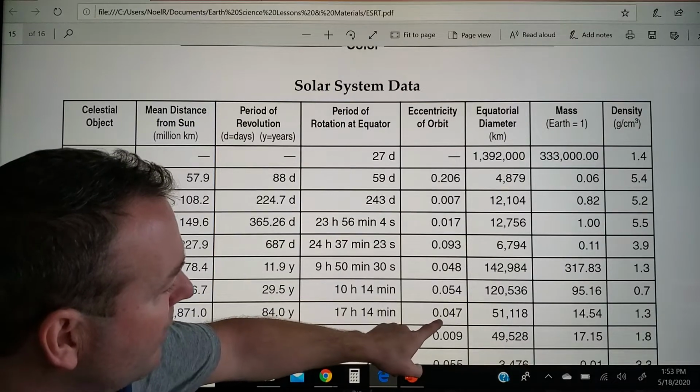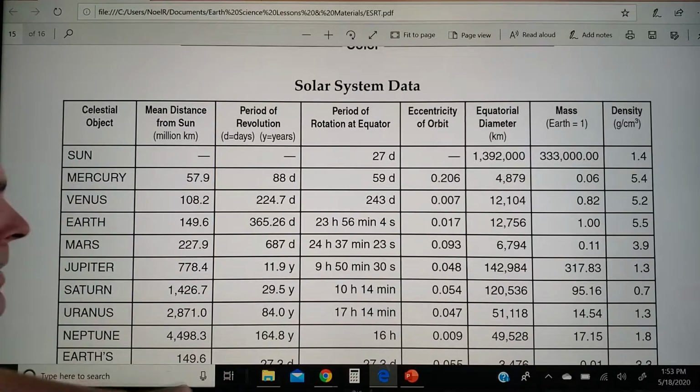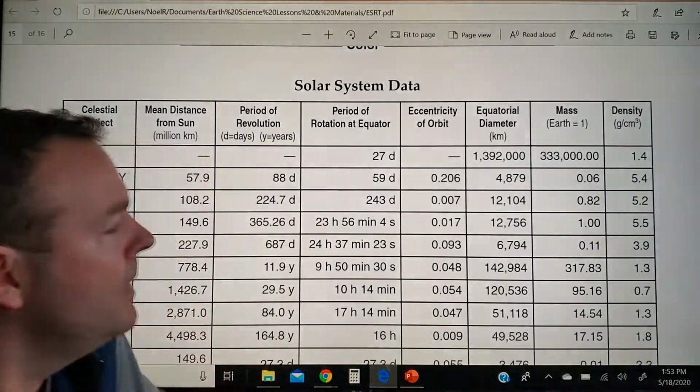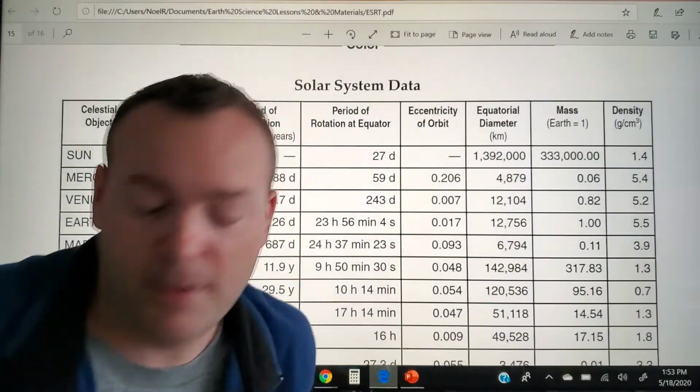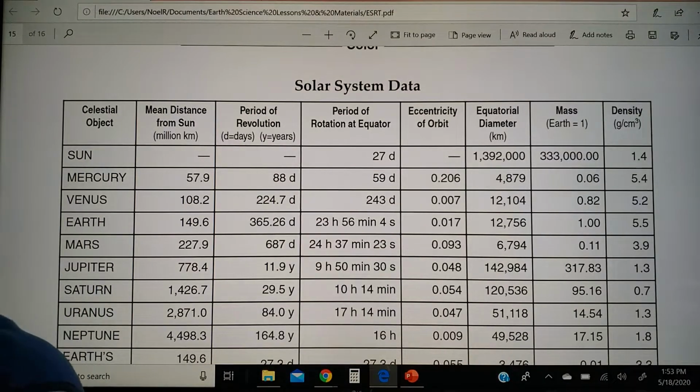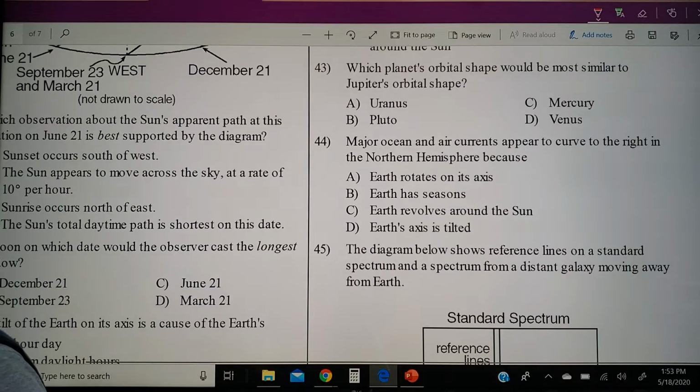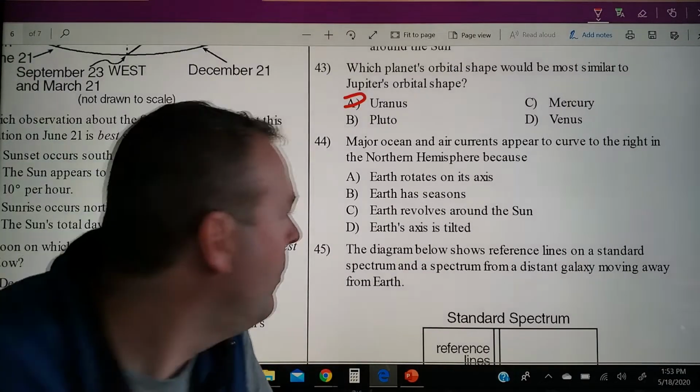Well, 0.047, and you're looking at Uranus. So eccentricity will give an idea of the shape of the orbit. So we said Uranus.